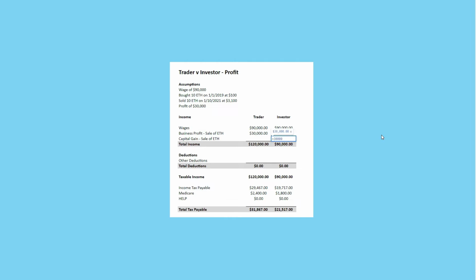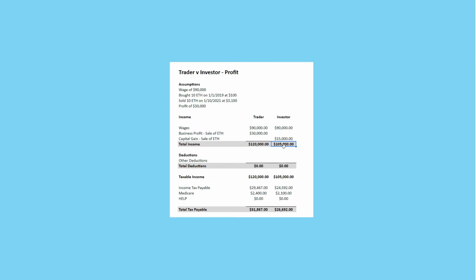Remember, because we held it for more than 12 months, we get a 50% discount, meaning half of it is tax-free. So only $15,000 will be included on our tax return. That brings our total taxable income to only $105,000.